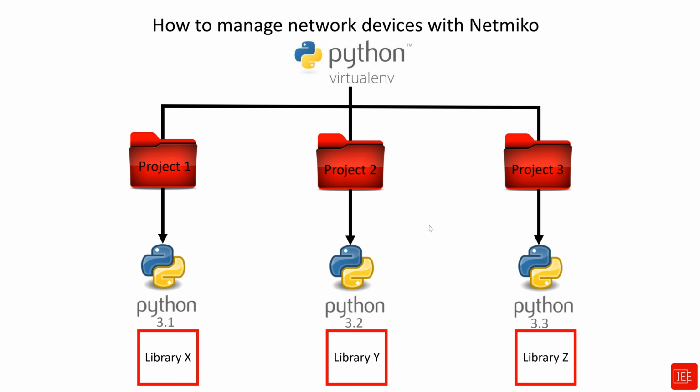The first reason is no more mix-up. What do I mean by that? You know how Python packages can sometimes clash, and one project might need one version while another needs something else. Virtual environments keep things separated, like having little Python bubbles for each project. This means no more mix-ups.